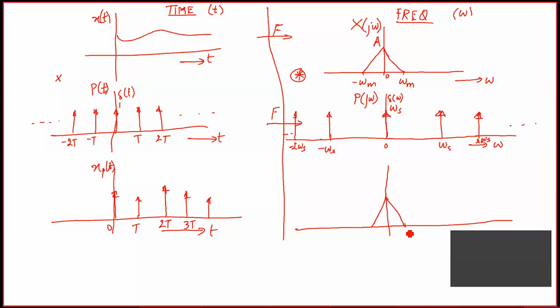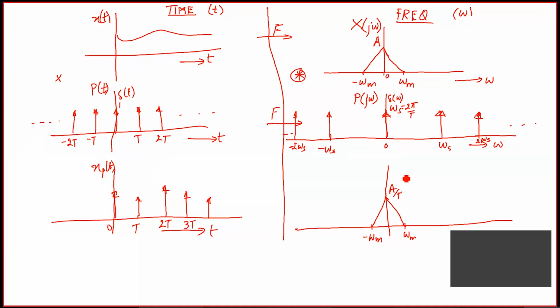So the same thing back, but with this multiplication factor and scaling by 1 over 2 pi. This omega s that we see is basically 2 pi over T. So once we scale by 2 pi, we end up getting A over T right here with this impulse.